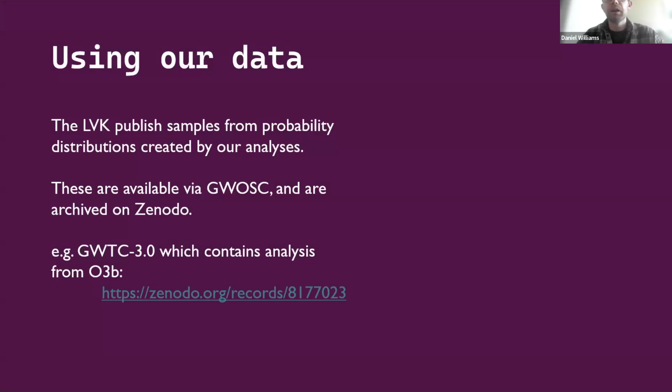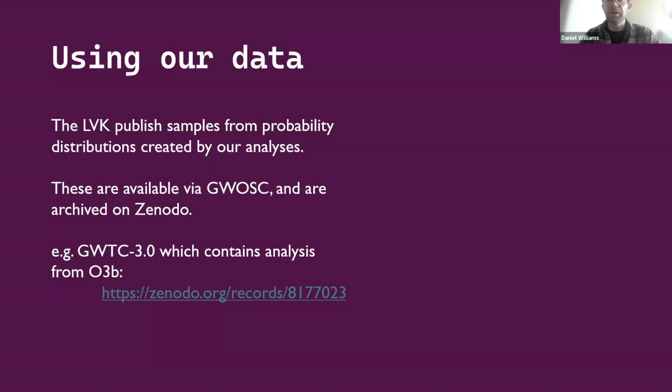So you'll learn during this session and during the tutorials about how you can actually set up these parameter estimation runs. But a lot of the analyses which we have done for publication will take many days to run on really quite expensive compute resources.